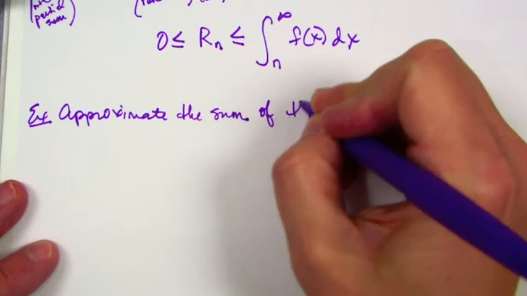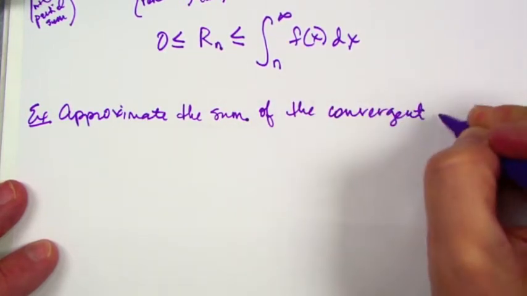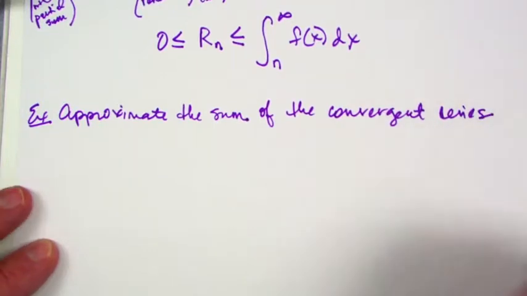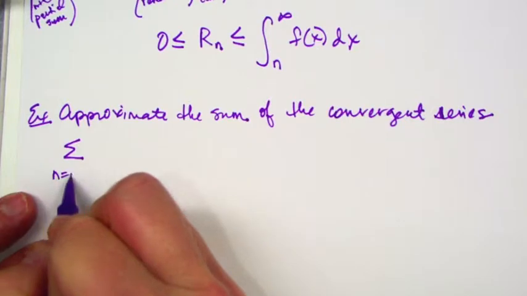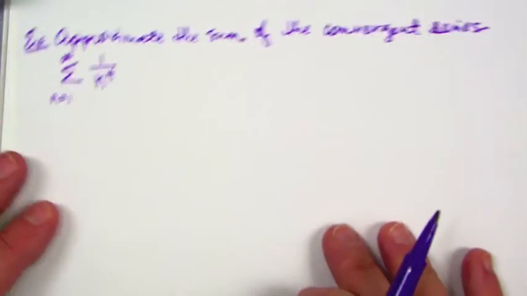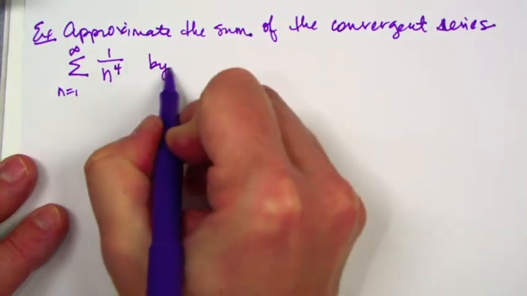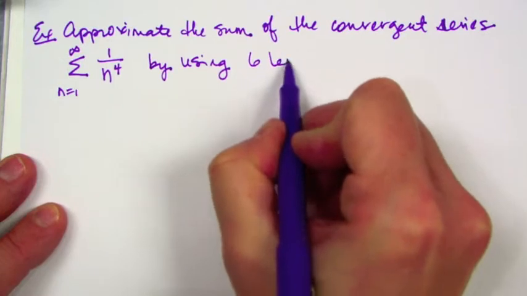Approximate the sum of the convergent series, the sum from n equals 1 to infinity of 1 over n to the fourth, by using 6 terms.